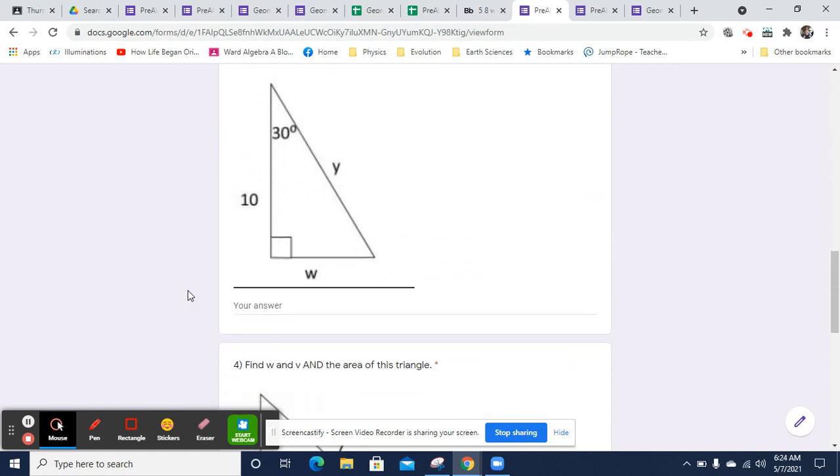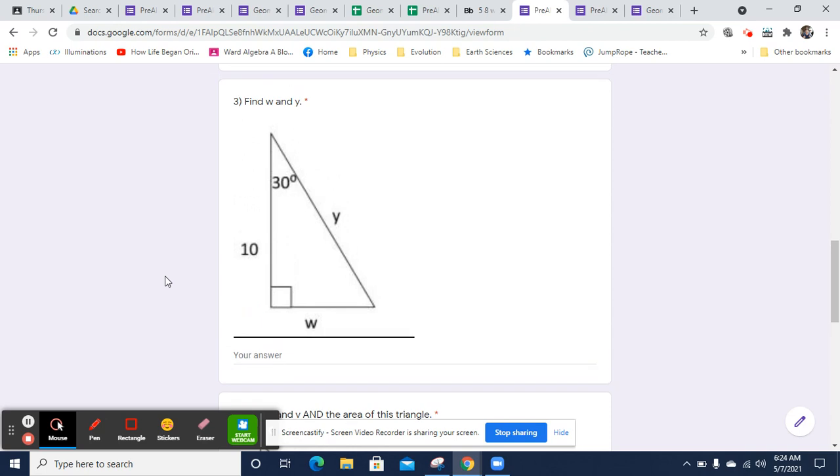And here we have another triangle that we need to find W and Y. This is a 30, 60, 90 triangle. So this side and this side. So this is the relationship, once again: the side that's opposite the 30-degree angle is 1 to 1 times root 3 to 2.